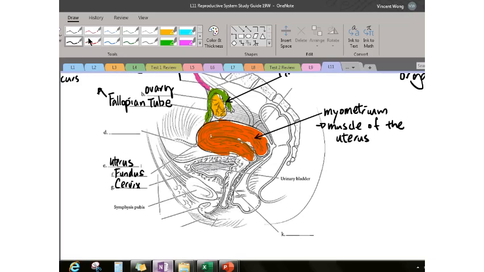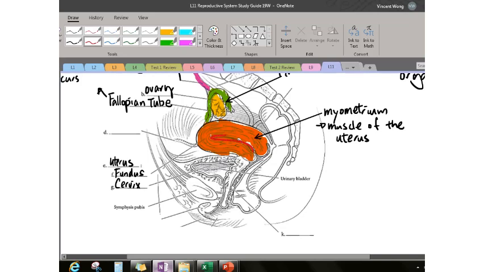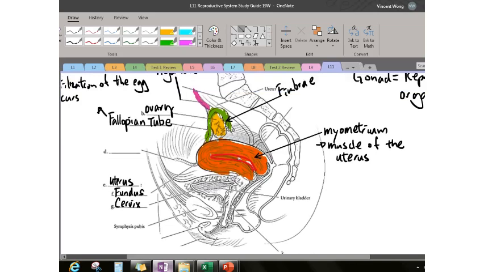Okay, and the inner lining of the uterus is basically blood vessels, and in anticipation of a pregnancy, of an implantation, each month the blood vessels would grow, and if there is no pregnancy occurring, then those new blood vessels would shed, and that creates the menses, the blood flow that happens at the beginning of the cycle, the period.